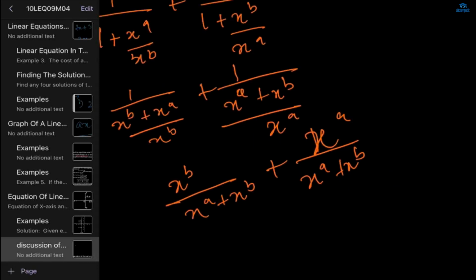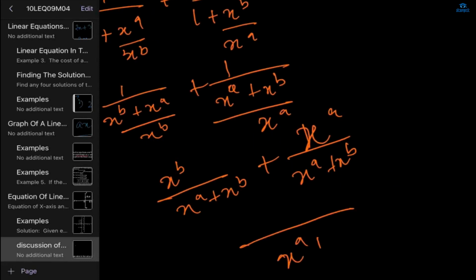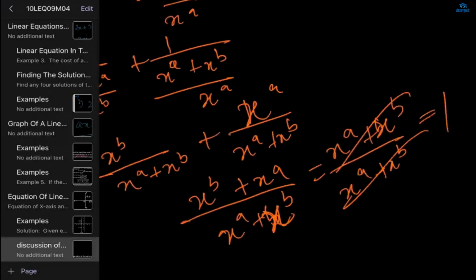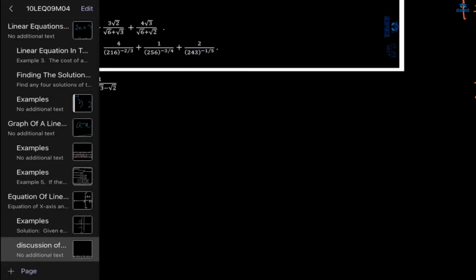Now if you take the LCM, what will you get? Both are the same, so x to the power a plus x to the power b upon x to the power b plus x to the power a. If you rearrange it, it is x to the power a plus x to the power b upon x to the power a plus x to the power b. So both will get cancelled and we will get 1. Any doubt? Everybody has proved this?